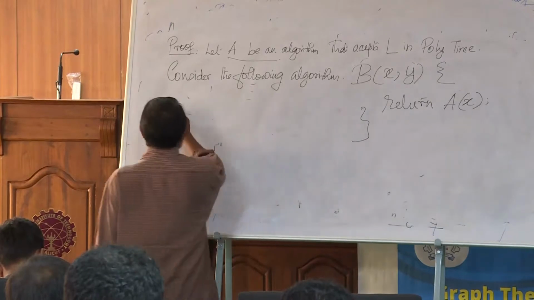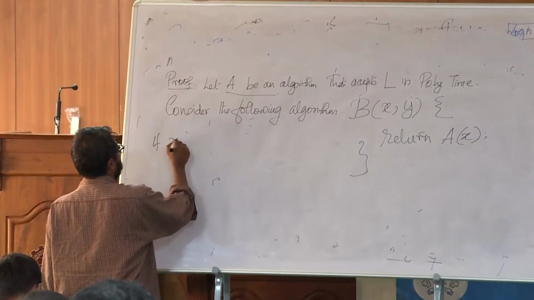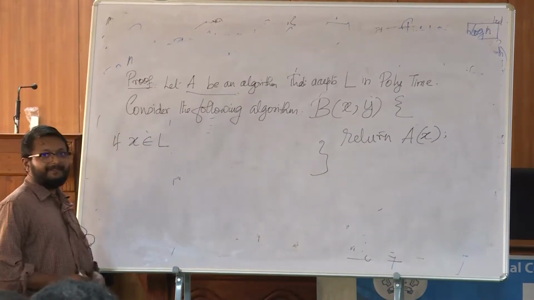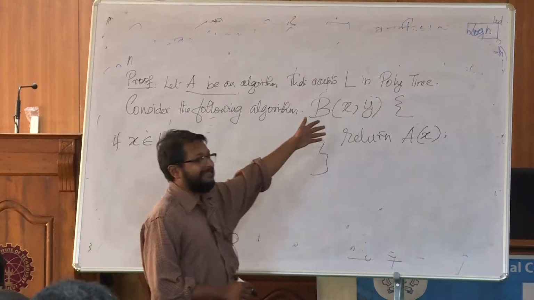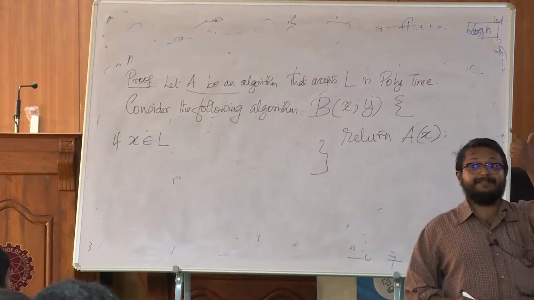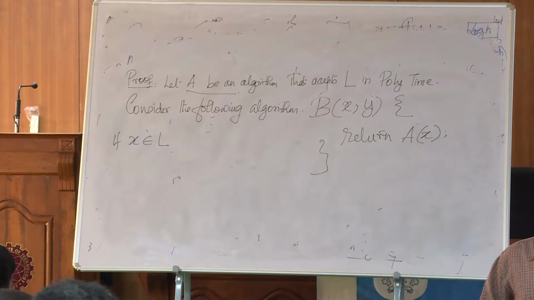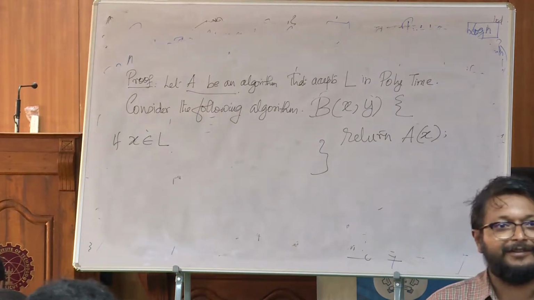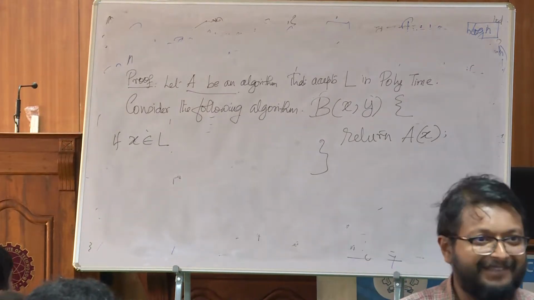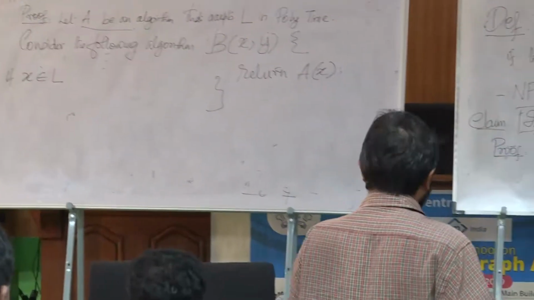So if x belongs to L, well, this is very simple, because the requirement is that there exists a y for which a(x,y) plus b(x,y) equals 1. Here, for all y, b(x,y) equals 1, whatever be the y.